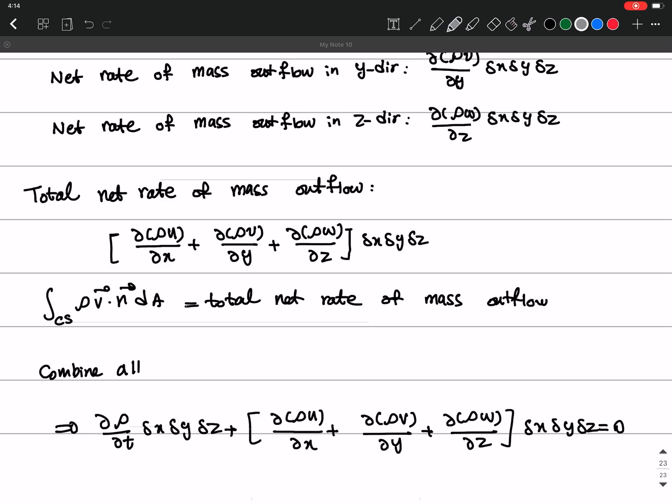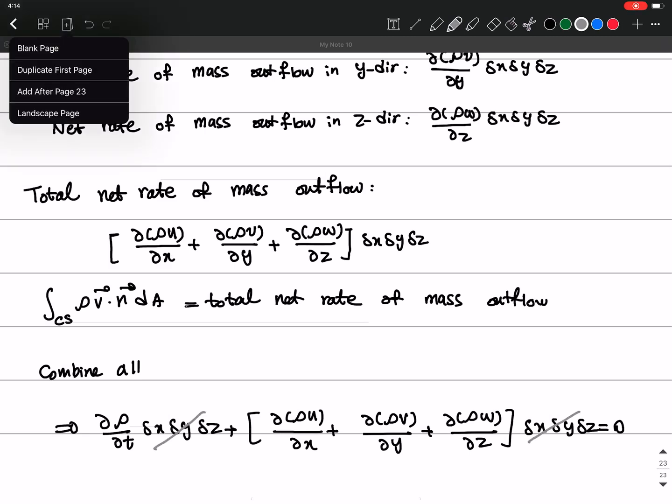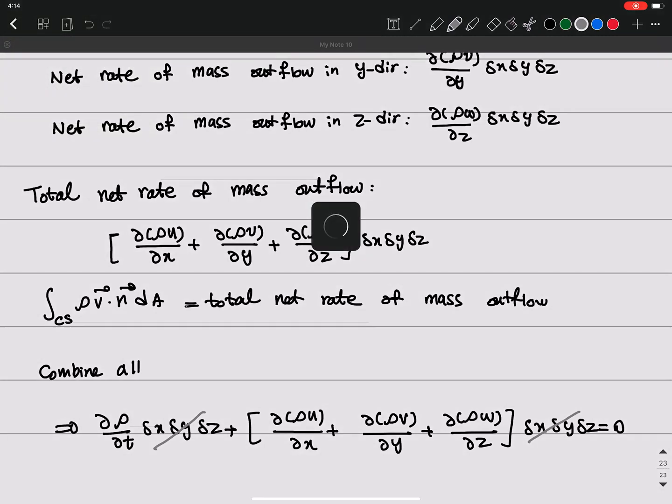And here the volume of this infinitesimal control volume is going to cancel out. So I am only left with the final form of this equation, which we call the mass conservation law in differential form, or continuity equation in differential form.